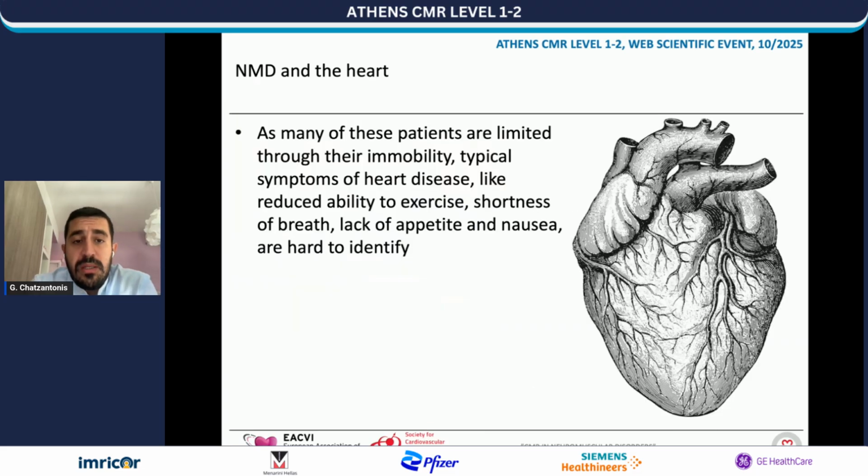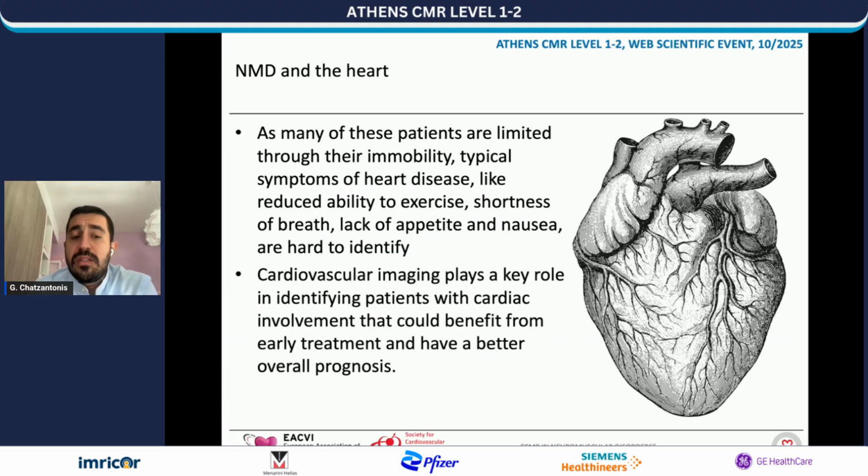As many of these patients are limited through their immobility, the typical symptoms of heart disease, such as reduced ability to exercise, shortness of breath, lack of appetite and nausea, are hard to identify. That's why cardiovascular imaging plays a key role in identifying patients with cardiac involvement that could benefit from early treatment or have a better overall prognosis.